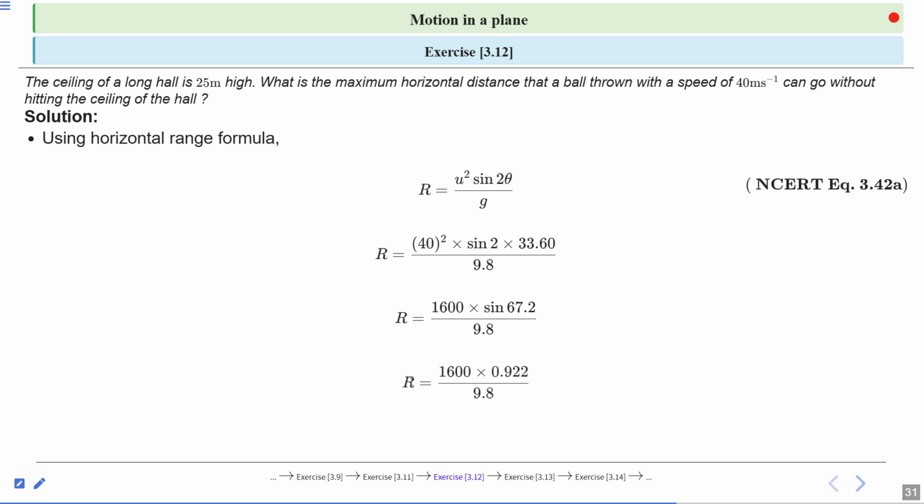Further, R is equal to 1600 into 0.922 divided by 9.8. So R equal to 150.53 meter. So this is the range formula, and this is the answer. Clear?